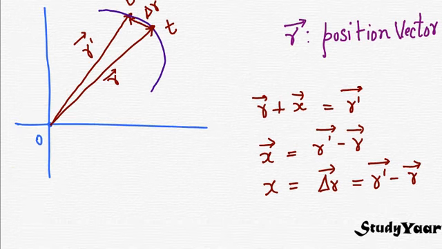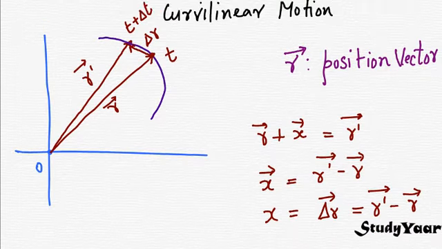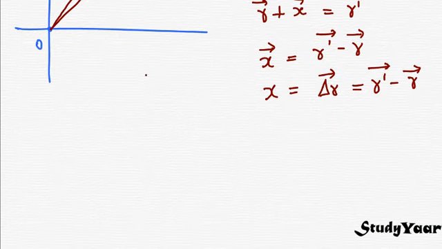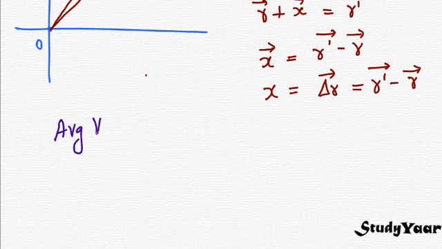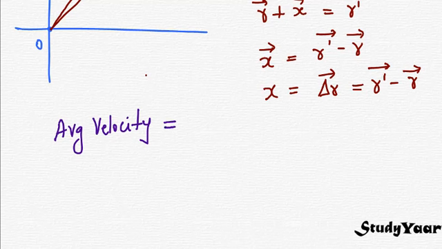And my average velocity now is, as we had seen earlier, the change in displacement with respect to change in time. So my average velocity in the interval delta t is going to be the change in displacement, which is delta r vector, upon time, right?